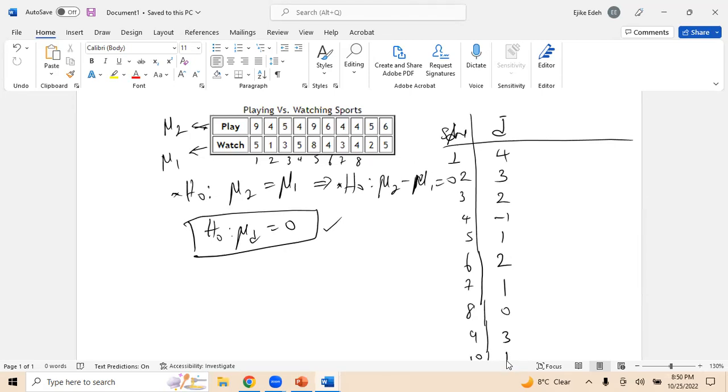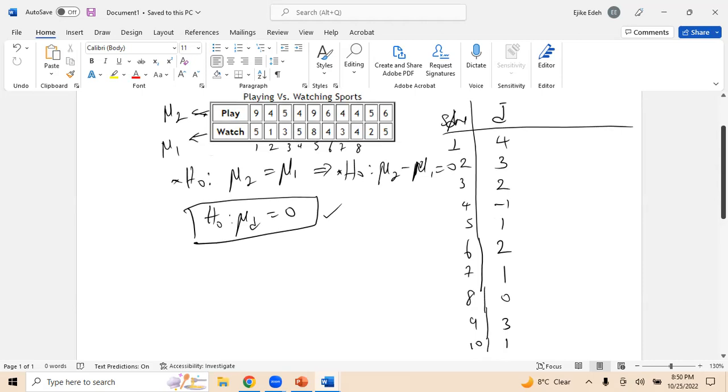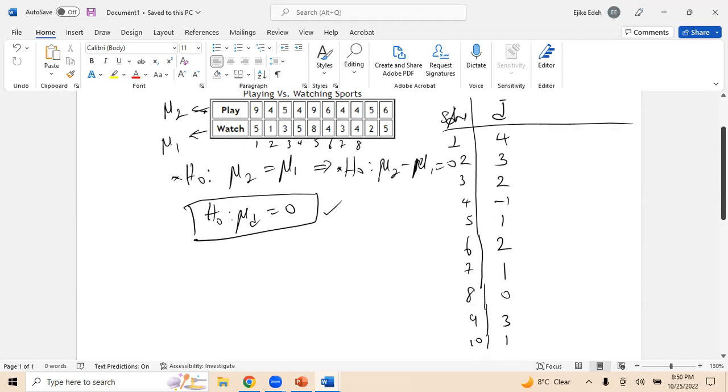Okay, and let's go through this again, just the way we did in class today, right? You want to go through it over again, just to be sure, because there's no need rushing ahead. If you make a mistake here, everything you're working wouldn't be correct. So just verify that this step is very correct. So for the first student, we have 9 minus 5, which is 4. For the second student, we have 4 minus 1, which is 3. For the third student, we have 5 minus 3, which is 2.